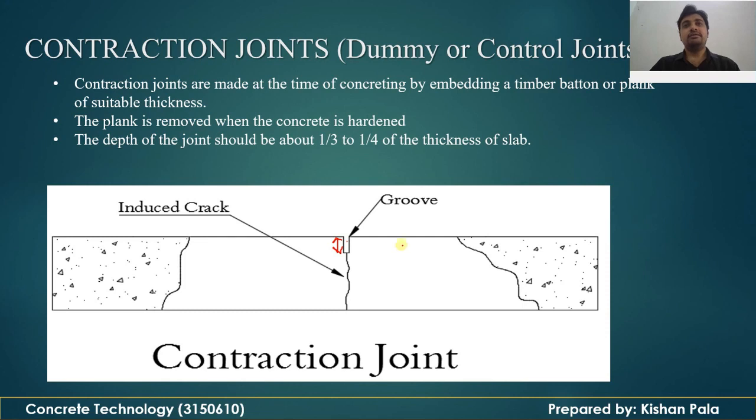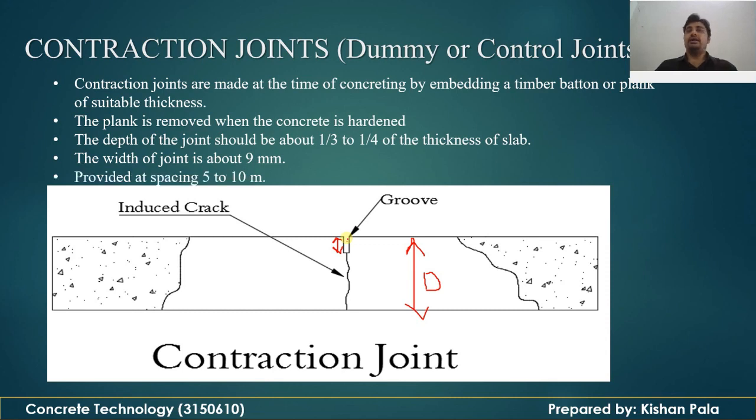For example, this is my slab or beam, and the total thickness is D. So you have to take one third or one fourth of D for the total depth of the joints. And if we talk about the thickness of the joints, it's about 9 mm. And the spacing of the joints should be between 5 to 10 meters.